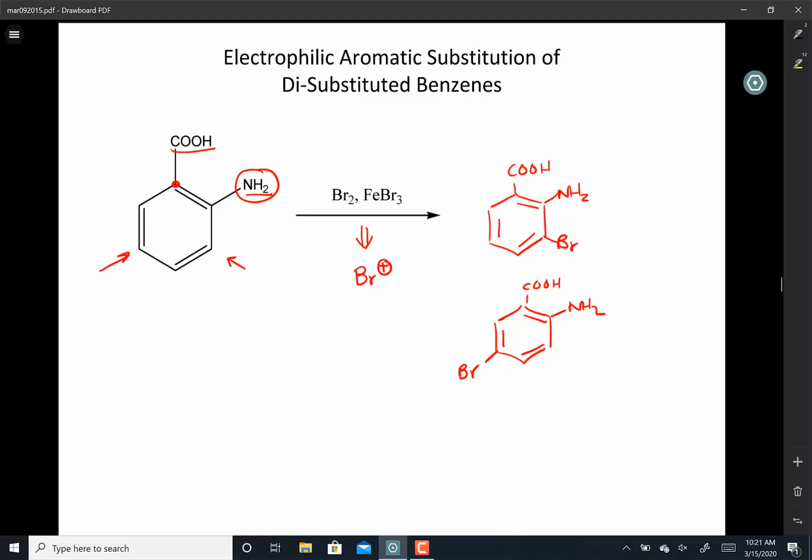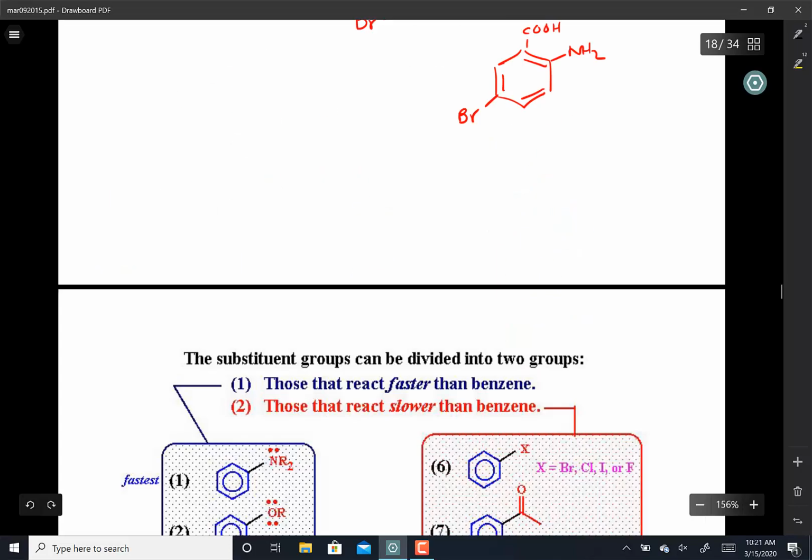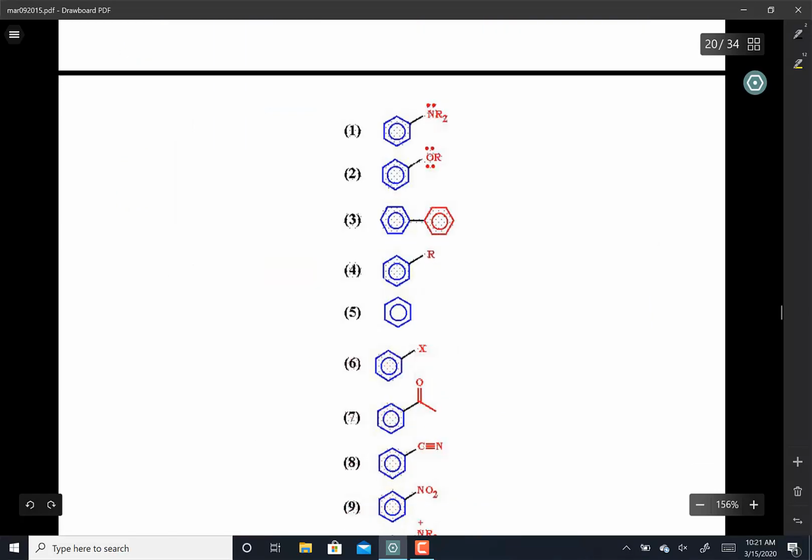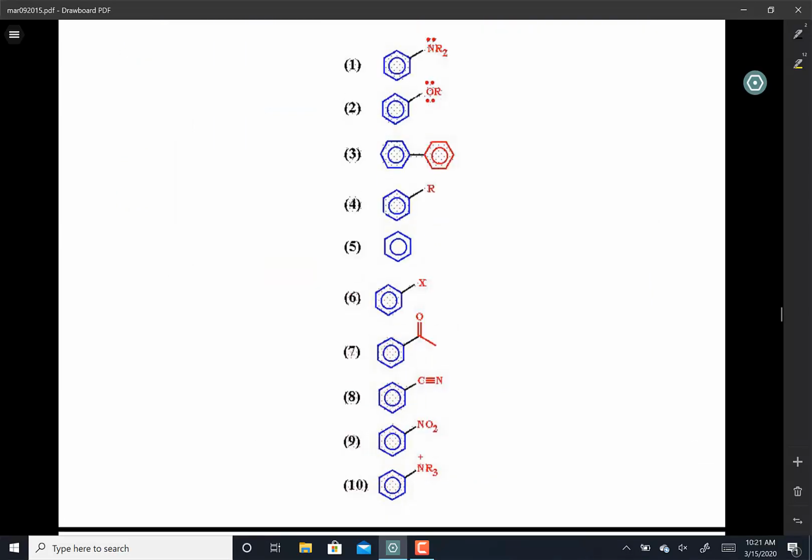Okay, so step number 1 is, what's the electrophile? Step number 2, identify the group on the ring that is highest on the chart. And then number 3, figure out where to add that electrophile. Okay, so again, here are my groups from number 1 to number 10, and I believe this chart actually has groups number 1 to number 10 listed vertically.